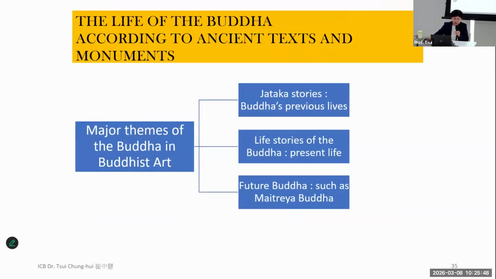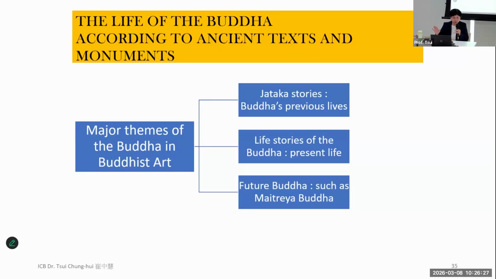For the identification of the subject matter in Dunhuang, we can identify all the Buddhist art, all the stories in the mural painting and sculpture. They can be divided into 3 major subjects. The stories related to the Buddha Sakyamuni's previous lives, called the Jataka stories. And the stories related to the present life of the Buddha, the biography of the Buddha.